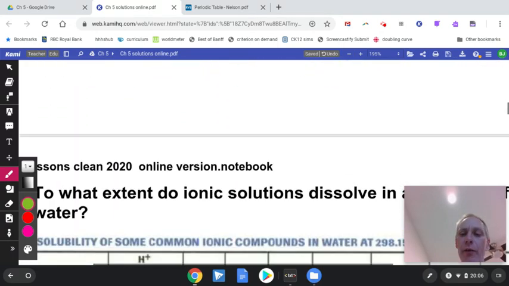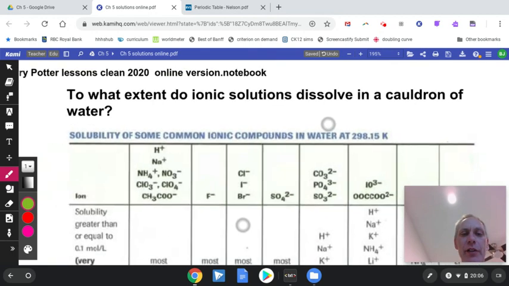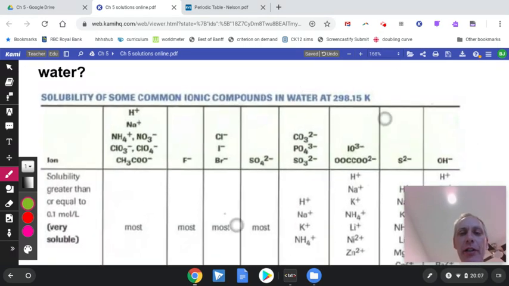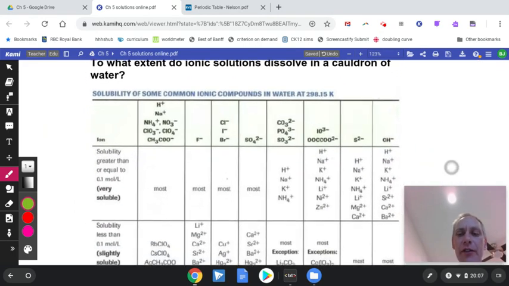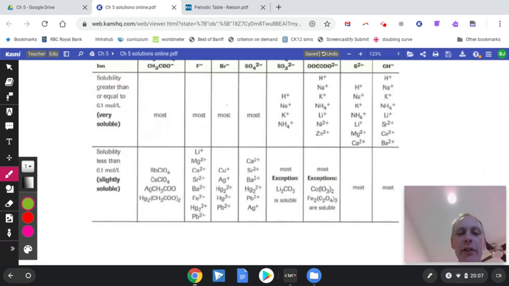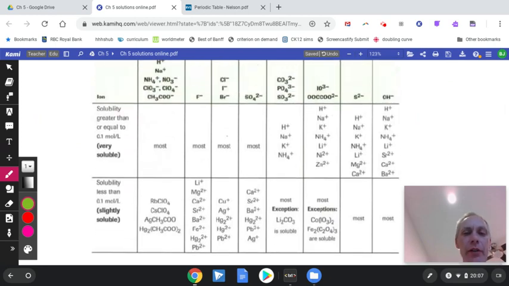Okay, hey, we're rolling along here. So solubility chart, I've already used it a little bit. It's on the back of your data sheet, so you'll need your solubility chart when you're doing these on your own. Remember to always look up the negative ions first and then go and search. So if I gave you calcium fluoride, you would look up the fluoride first, and then you go searching.